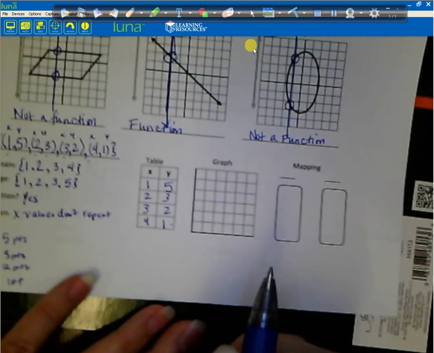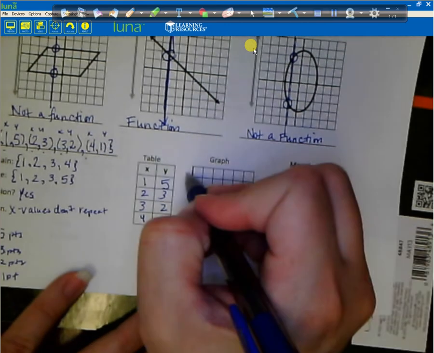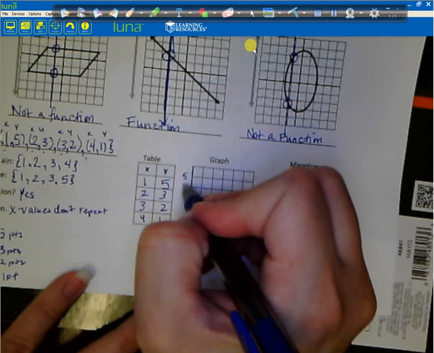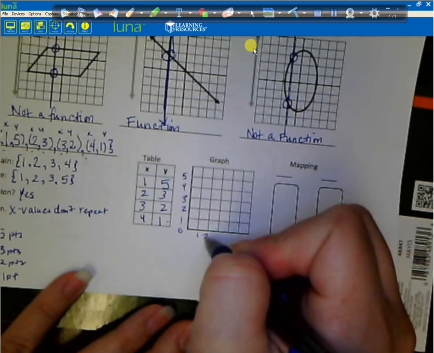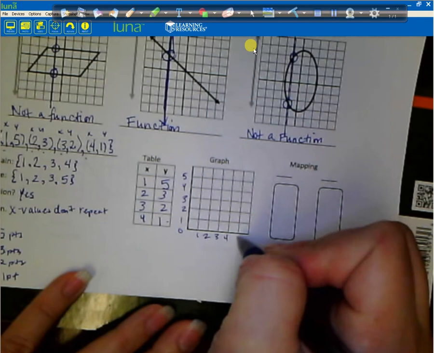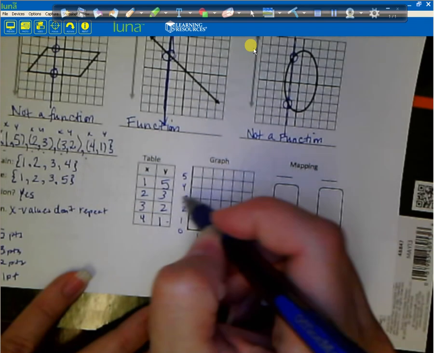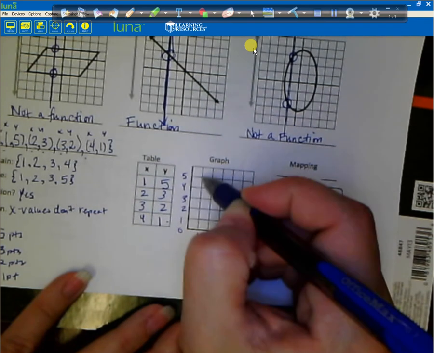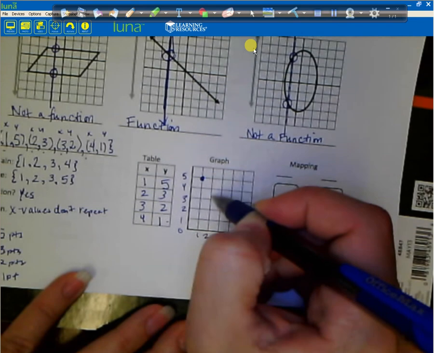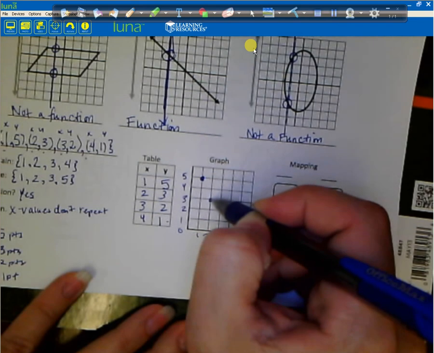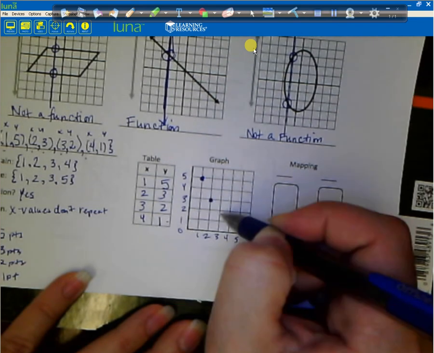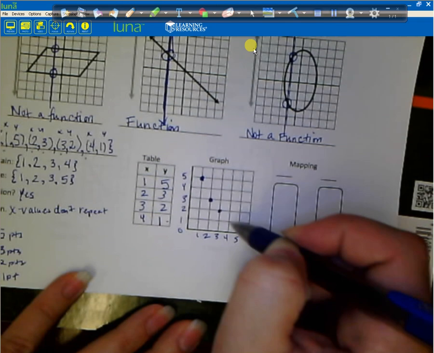Now I'm going to graph this. My first ordered pair is 1 and 5. My second is 2 and 3. My third is 3 and 2. And my fourth is 4 and 1.